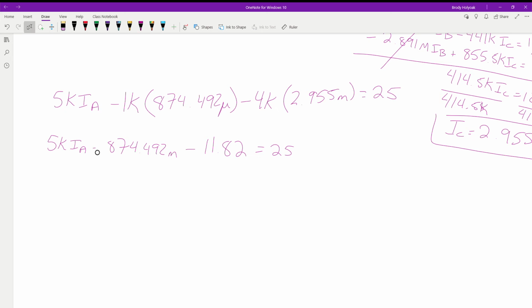We add that to both sides. So what we end up with is 5K times our IA current is equal to 37.694 volts, divided by 5K. IA comes out to be 7.539 milliamps.